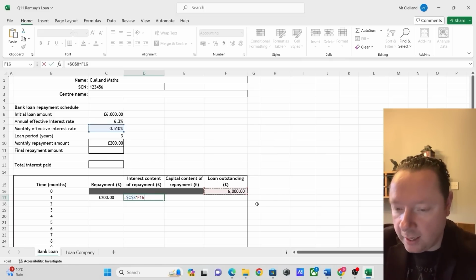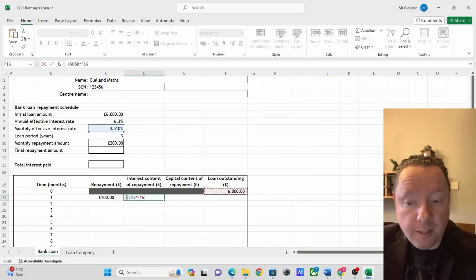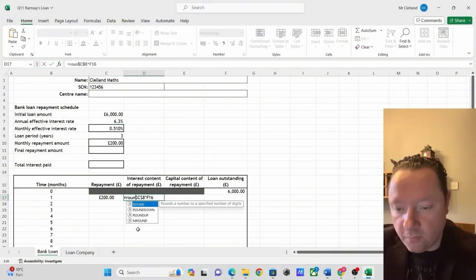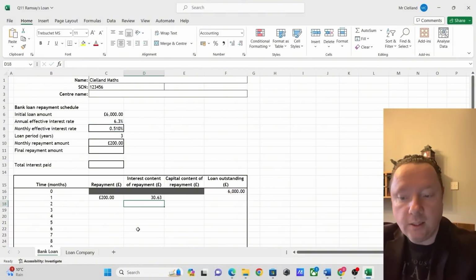We want that to change over time, but we don't want it to be any more than 2 decimal places, so we're going to round that to 2 decimal places. So comma 2, press equals, and make sure we get 2 decimal places.